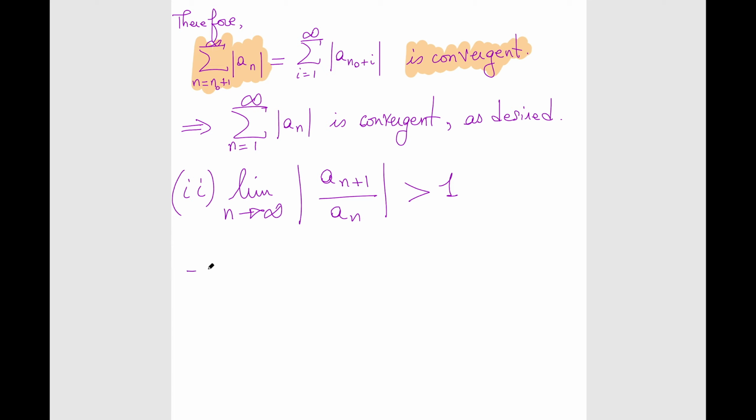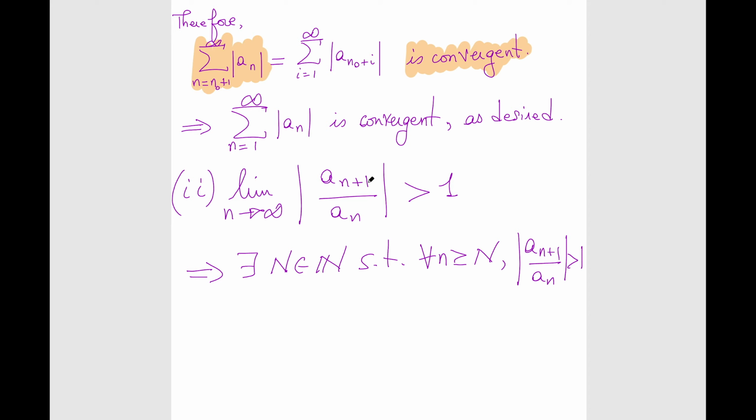This means that there exists some rank, call it big N, such that for any rank after this, that thing is going to be bigger than 1, right? So if you call this whole thing Bn, as we did before, what does it mean that the limit as n goes to infinity of Bn is bigger than 1?